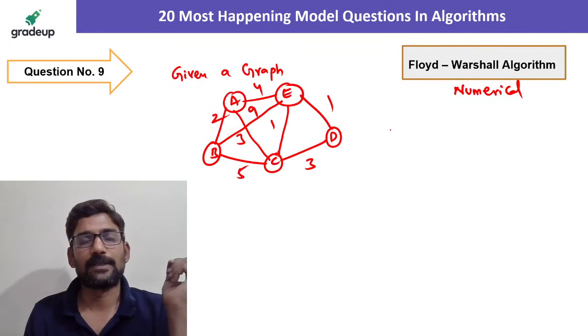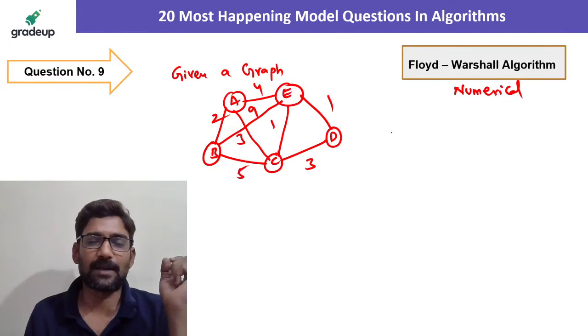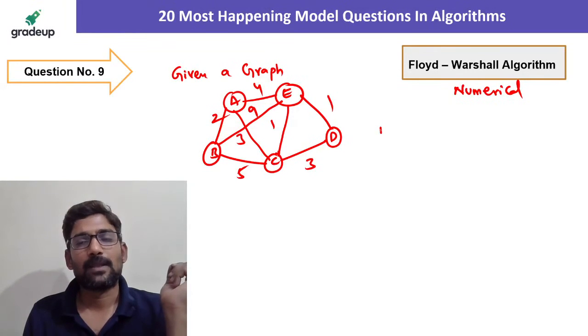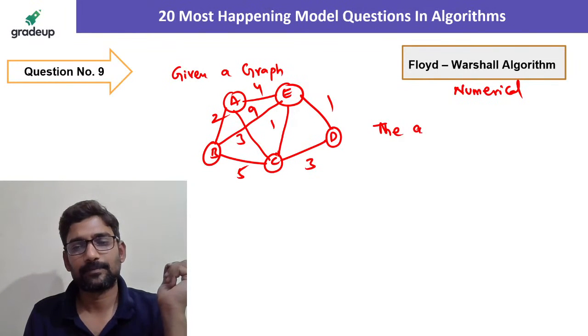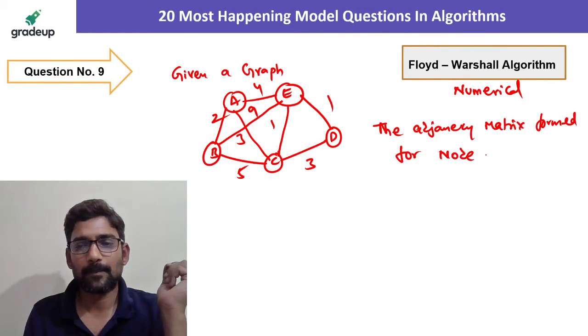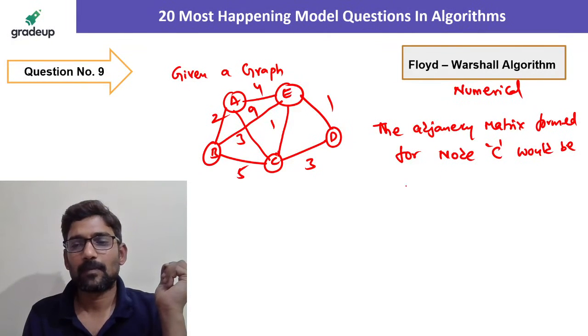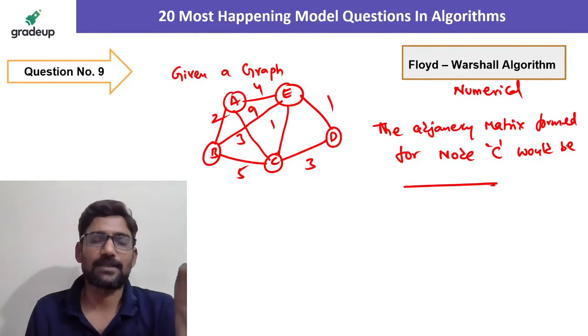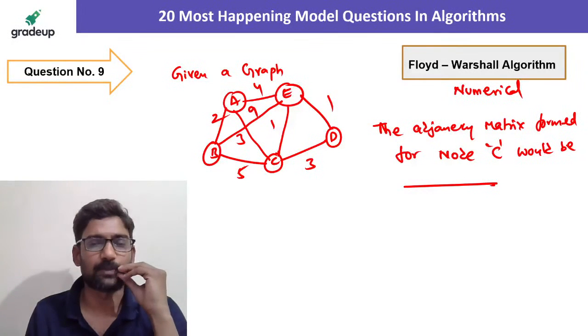First we will have initial adjacency matrix. The question may be the adjacency matrix formed for node C would be dash. Example I am telling, model question.